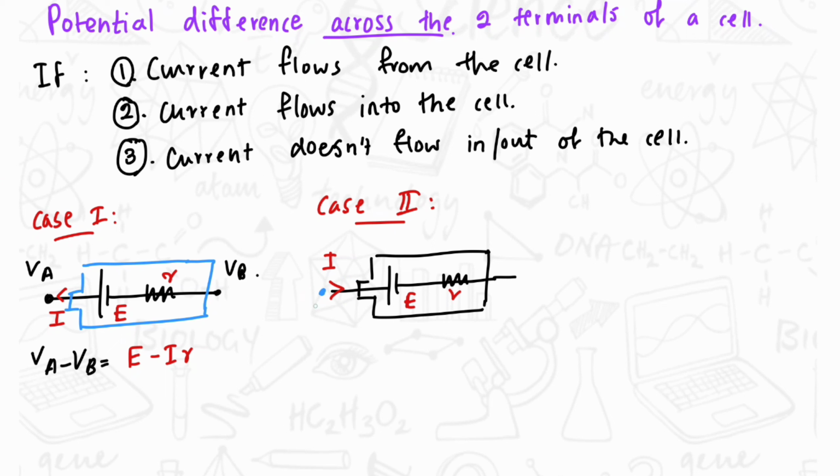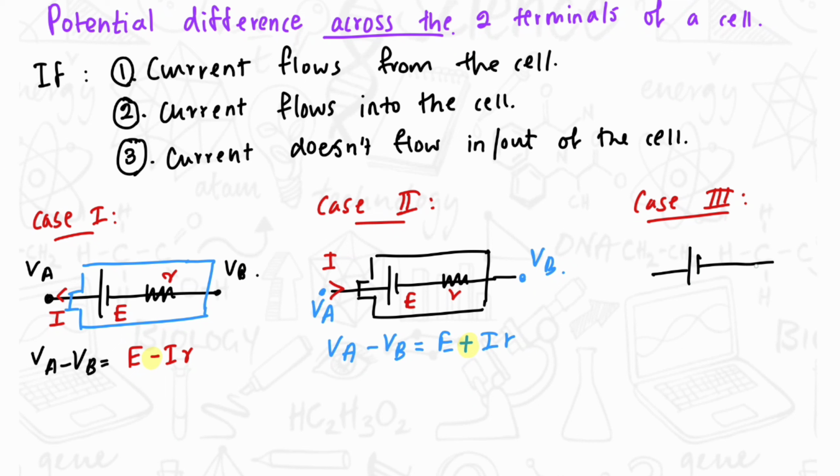So here, VA minus VB is given by E plus IR. So in the first case it is minus, and in this case, it is plus. In the final case, that is the third case, there is no current flow. So I is equal to 0. Let's draw the battery again.